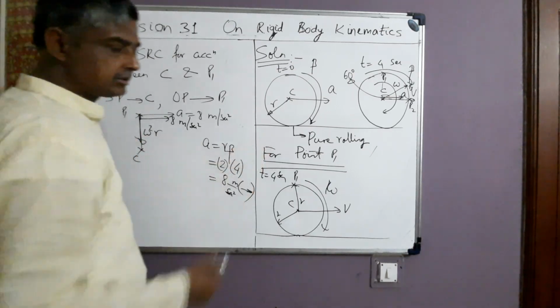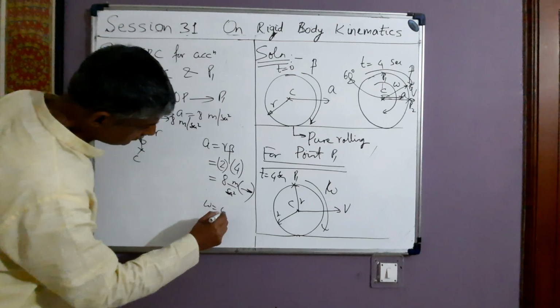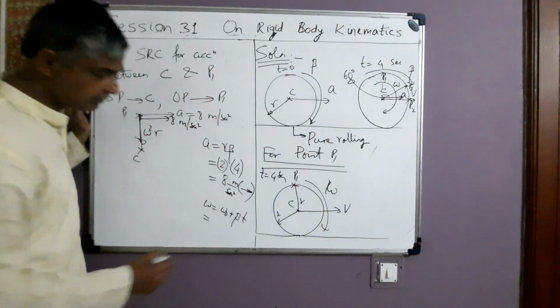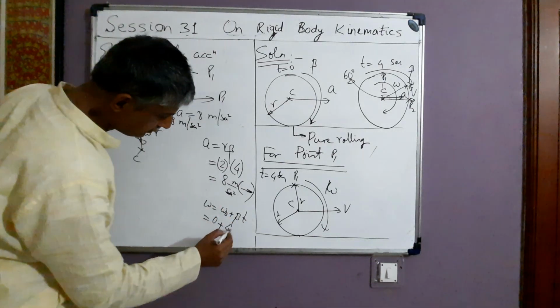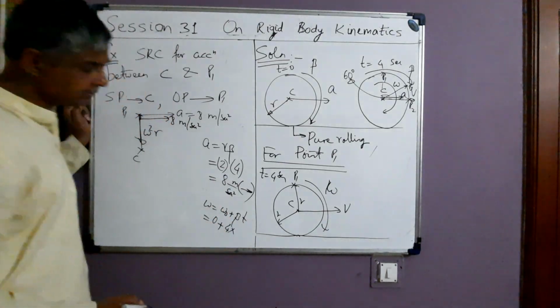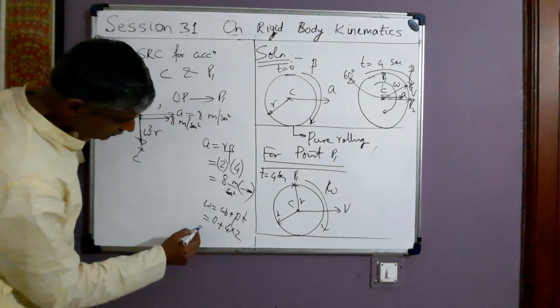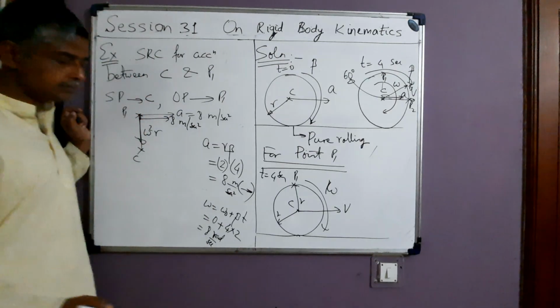Now beta is constant. So omega is equal to omega naught plus beta t. Omega naught is the initial angular velocity of the drum, 0. Beta is given to be 4, and t is given to be 4 seconds, sorry. So omega is 4 into 4, which is 16 radian per second at this instant.